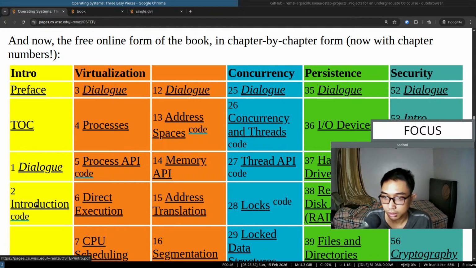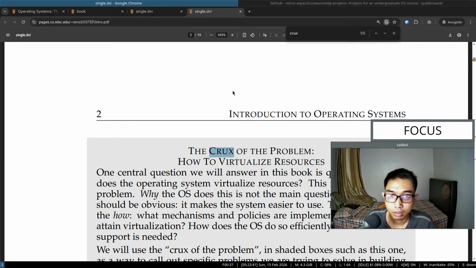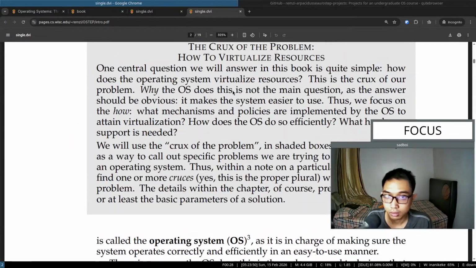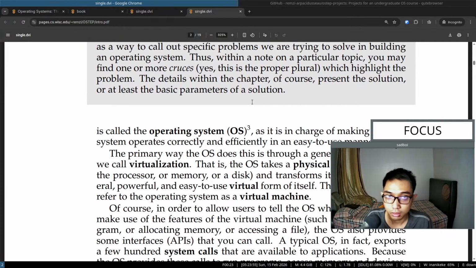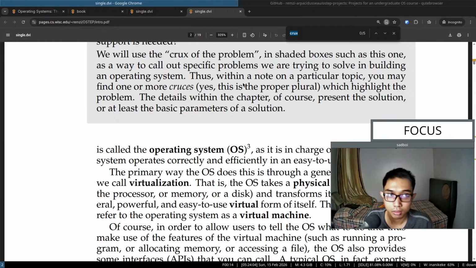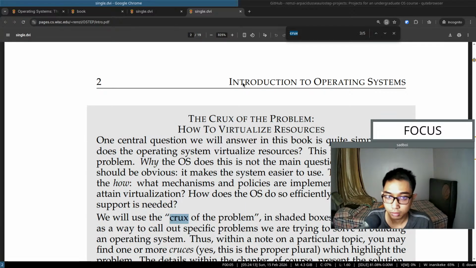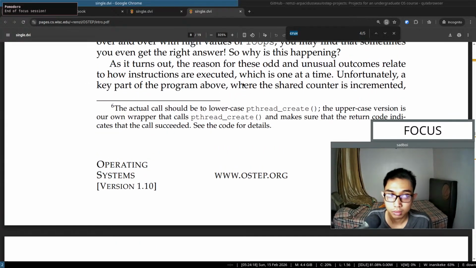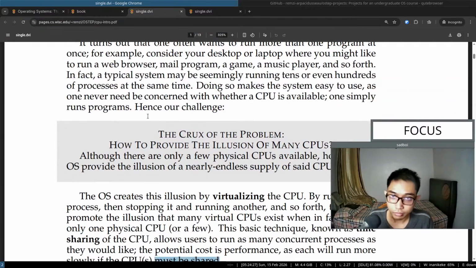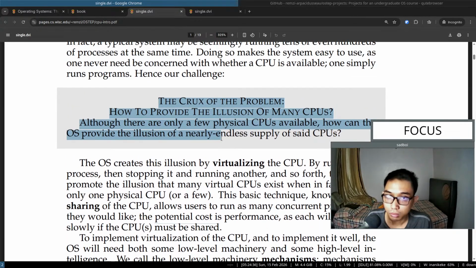Wait a minute, let me check in here. I kind of forgot. I mean, in this one, I kind of, what is it called?